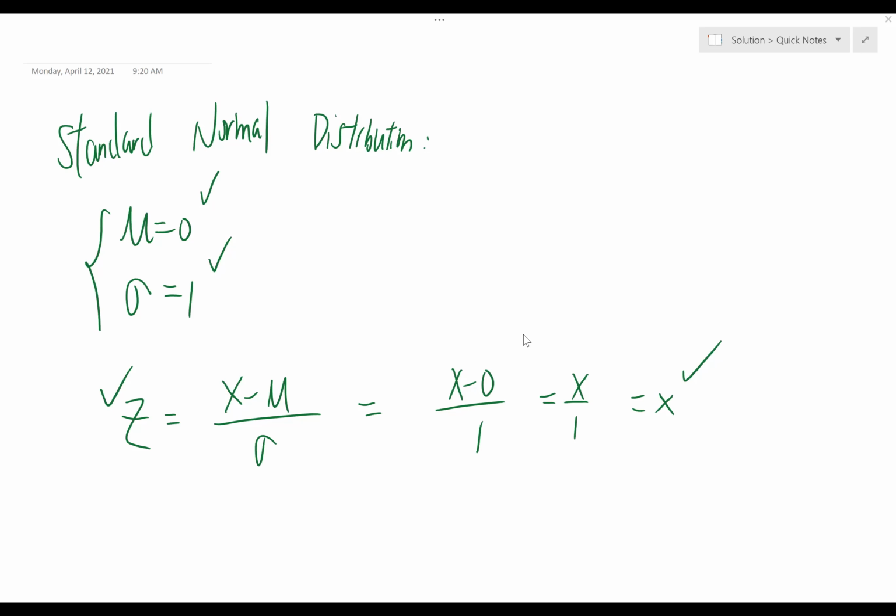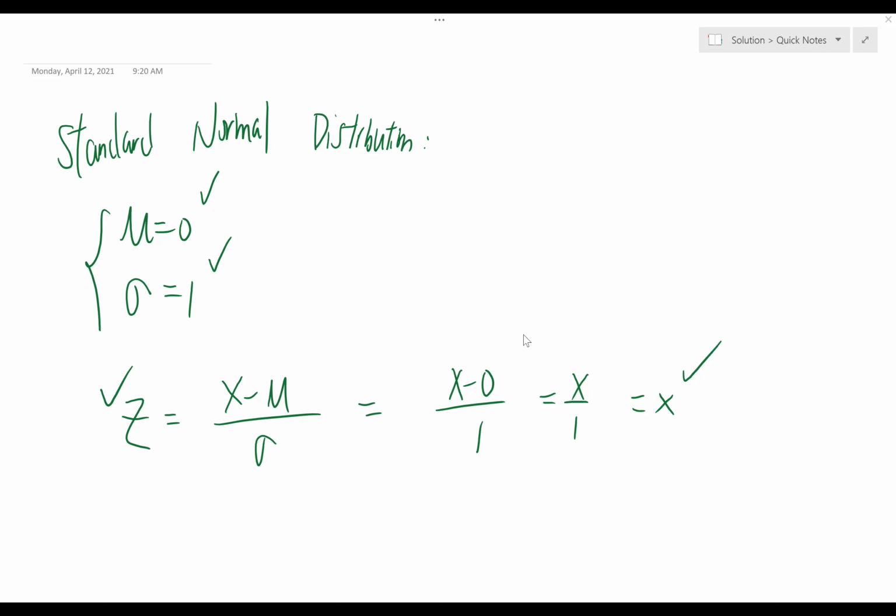So that's like going backwards, right? Let me just open the table really quickly and show you how to do this. You also need to know how to do this because it's very useful. Given any probability, you'll be able to find the corresponding z-score. From there, you'll be able to go backwards to the x value.